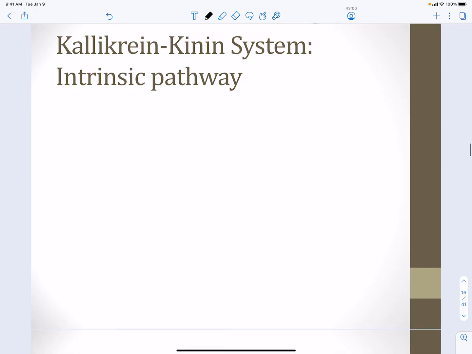Now, one thing to talk about when we talk about the intrinsic pathway is that we have to look into the kallikrein-kinin system. This system is going to release vasoactive kinins. And we have pre-kallikrein.